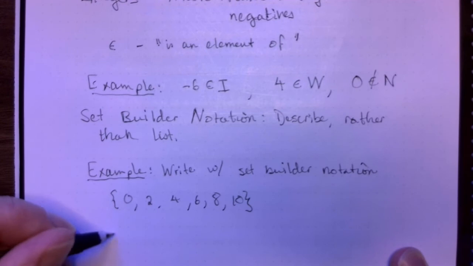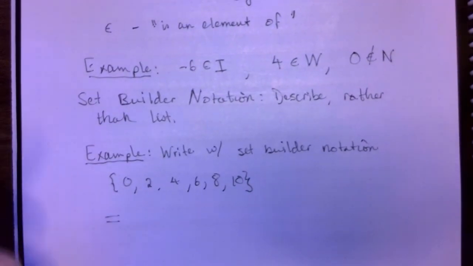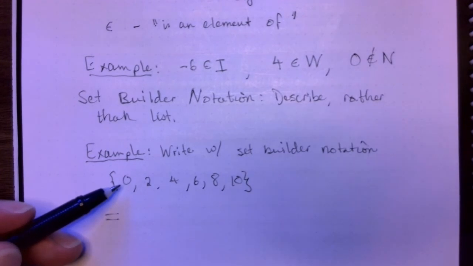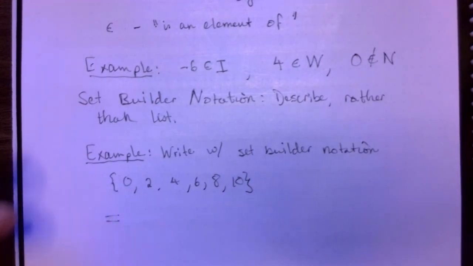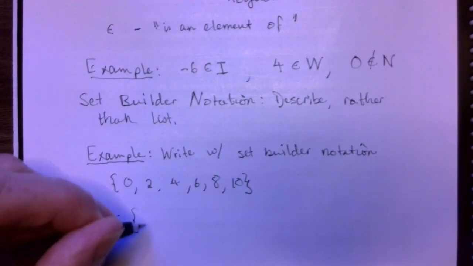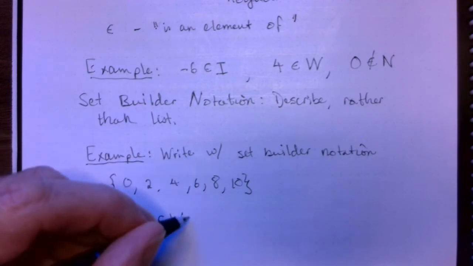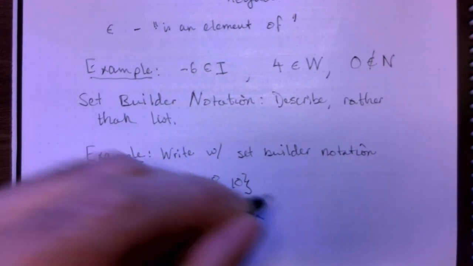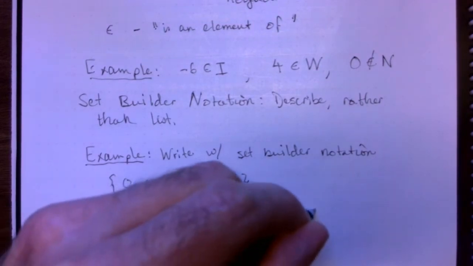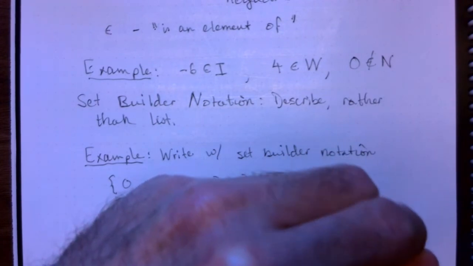Okay. So the set builder notation for this, we can see that we've got whole numbers here, right, because we've got 0. So my set builder notation would be x is a whole number such that x is even and less than 12.